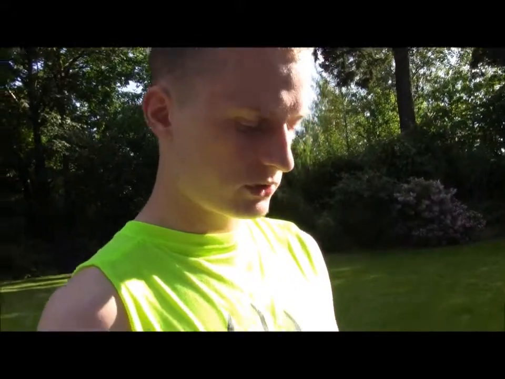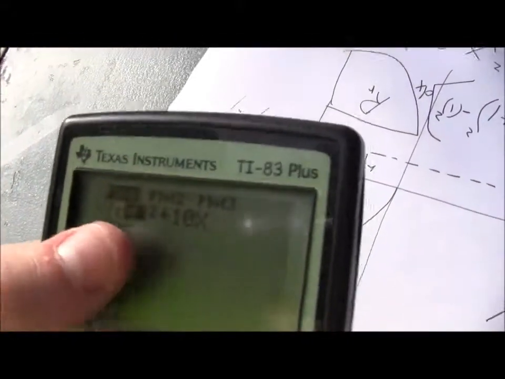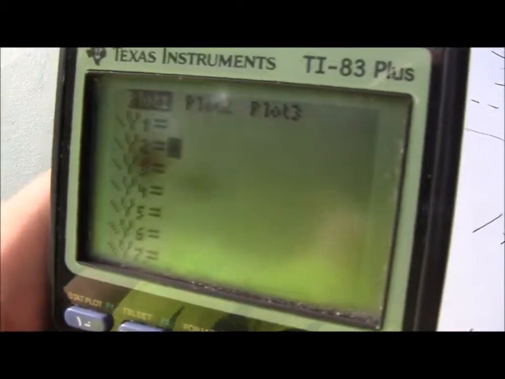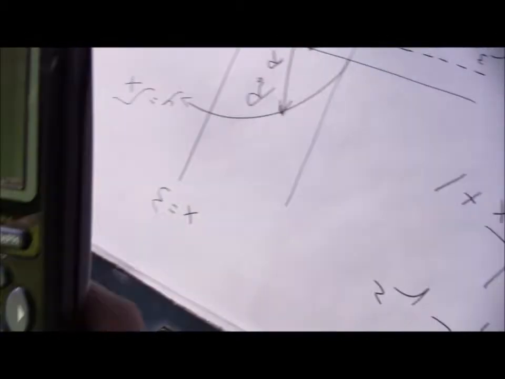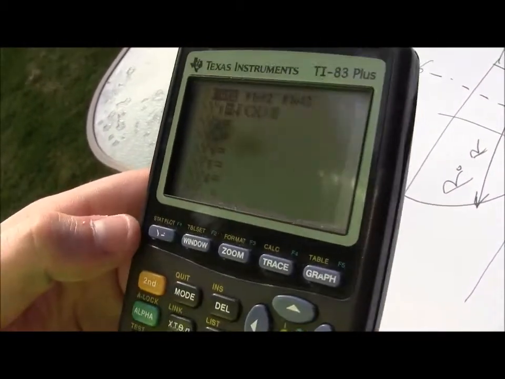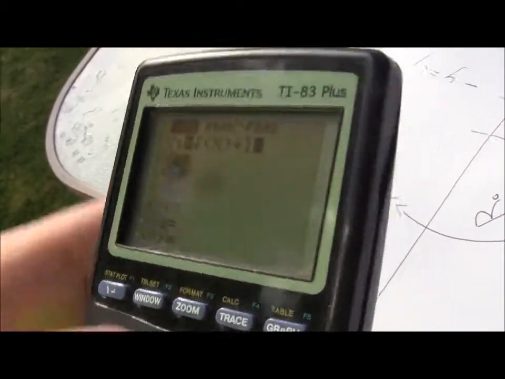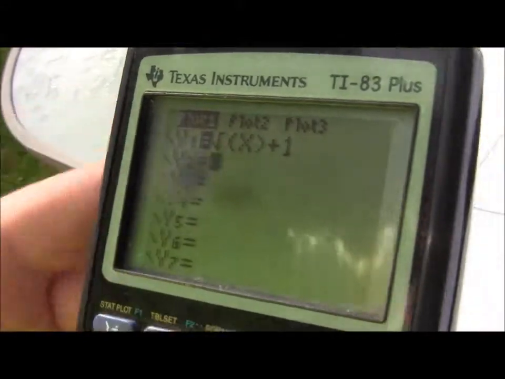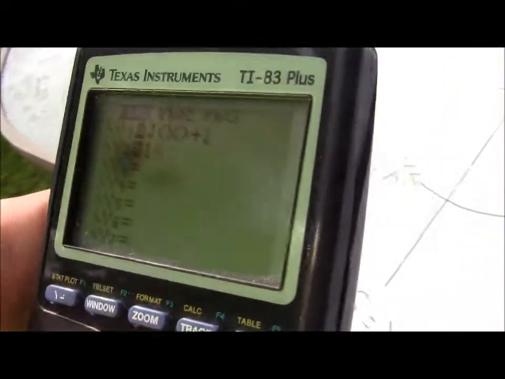There you go. All right, guys, this is just me doing this problem on a calculator to show you what it would be like. Again, you just hit math 9. This time we want to go to y1 like we were talking about, clear everything out. And then what we're going to want to hit here is square root of x, close that parentheses, plus 1, that's our y1. y2, it's just 1, that one's easy.